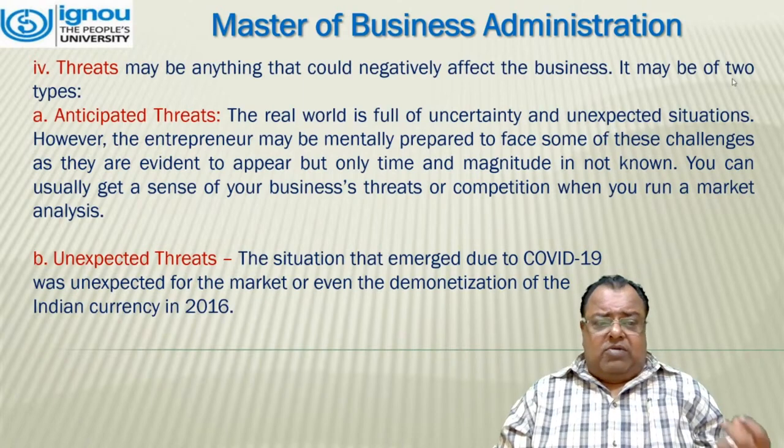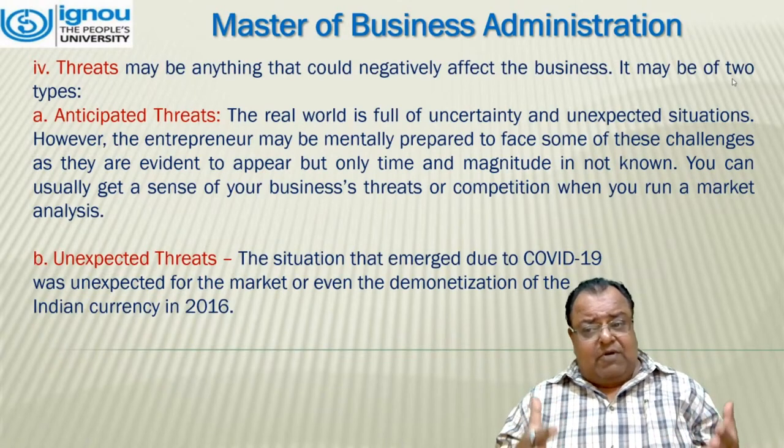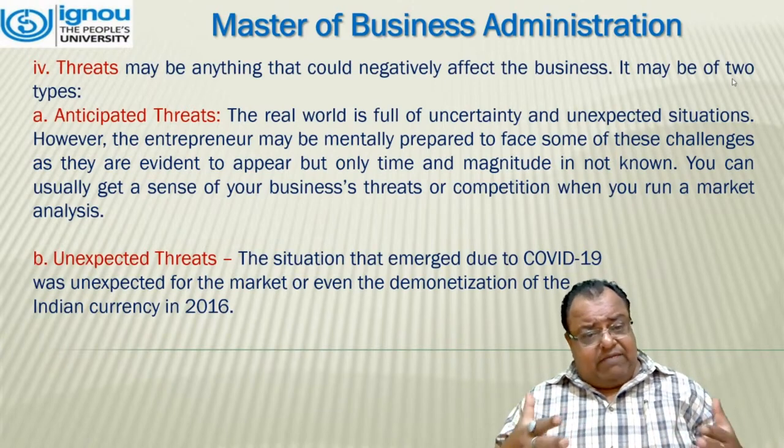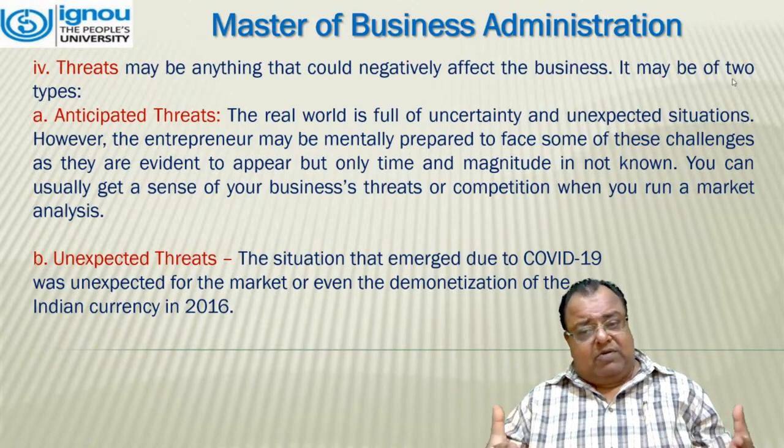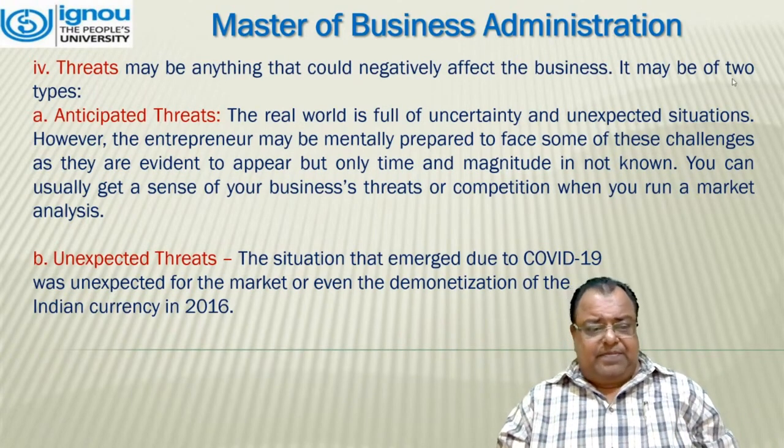If we talk about anticipated threats, the real world is full of uncertainty and unexpected situations. However, the entrepreneurs may be mentally prepared to face some of these challenges as they are evident to appear, but only time and magnitude is unknown. You can usually get a sense of your business threats or competition when you run a market analysis.